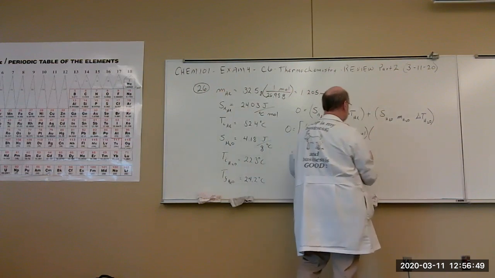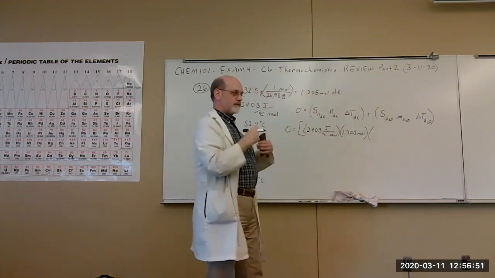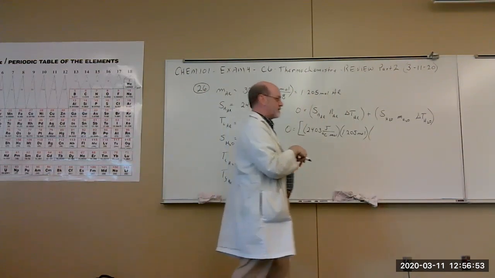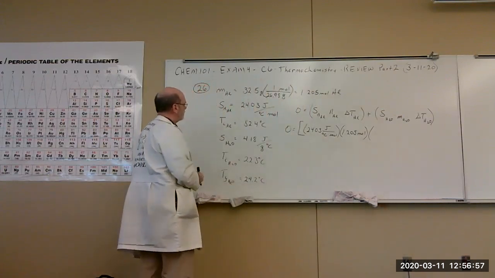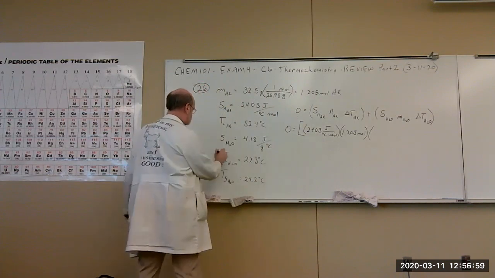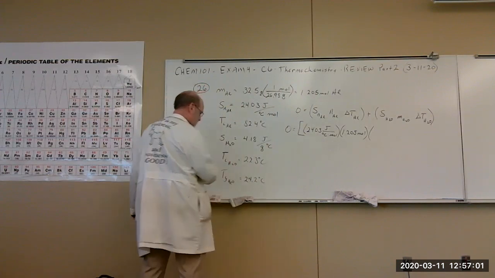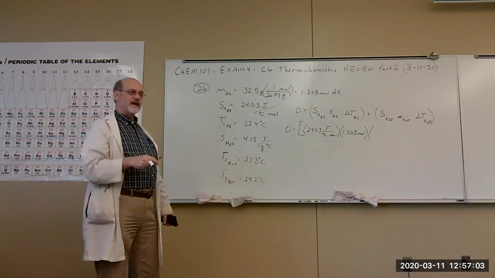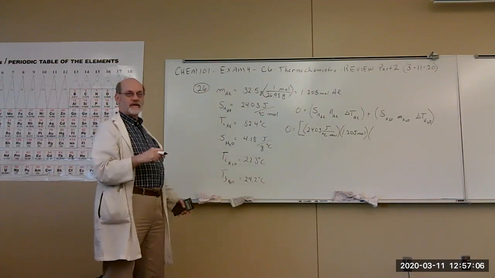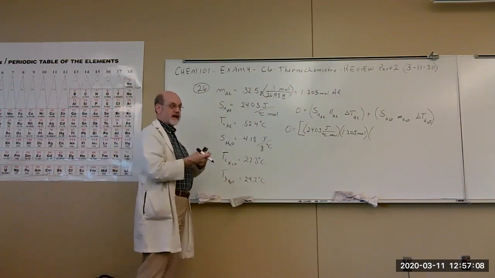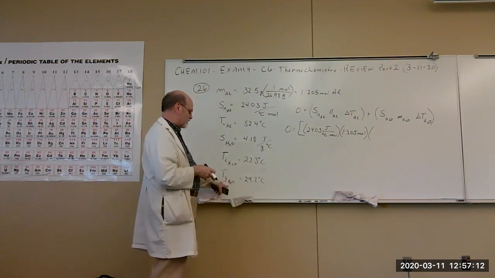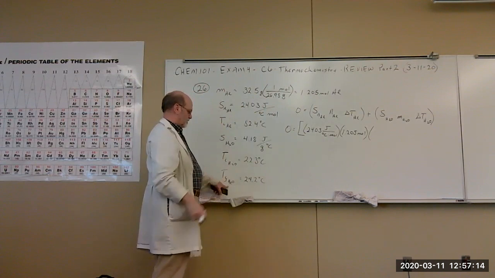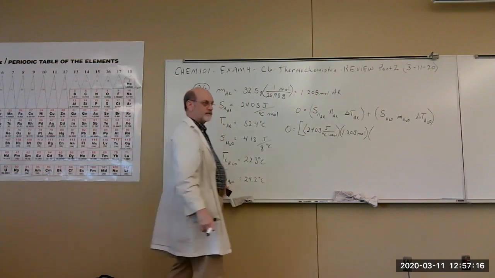Now we need change in temperature, so final temperature minus initial temperature. What's the final temperature of the aluminum? It's the same as the final temperature for the water, because they're both in contact and we wait for equilibrium. So this is the same temperature for water and aluminum, 24.2.